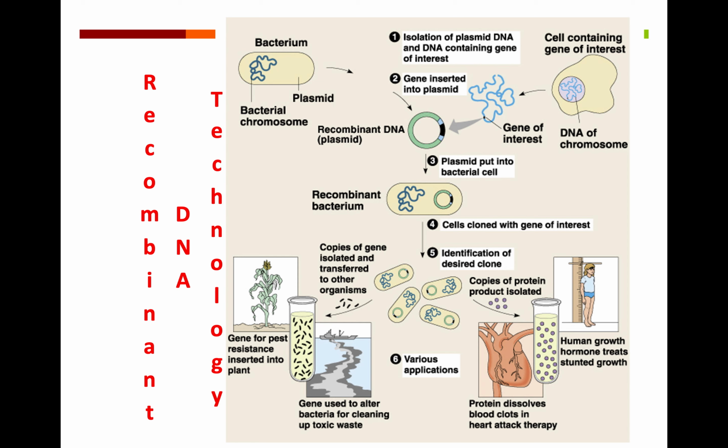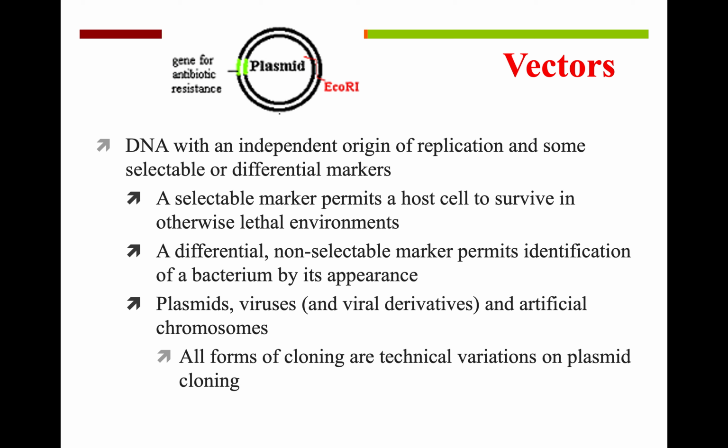You cut it out, ligate it, and then transform it. Once you transform it, you can clone it into a host, and later purify the cloned copies and use them for downstream purposes you have in mind. So all this recombinant DNA technology or gene expression starts with the choice of vectors.